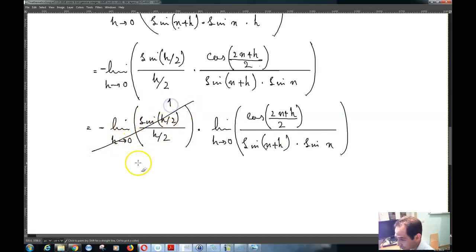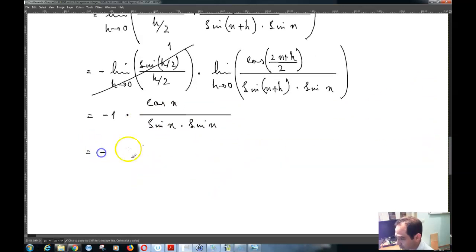So you'll get negative 1 times, when h tends to 0, this becomes cos of 2x by 2, which is basically cos of x. This becomes sine of x, and this is sine of x. So then you have negative of cos x by sine x, which is cot x. 1 divided by sine x is equal to cosecant x.